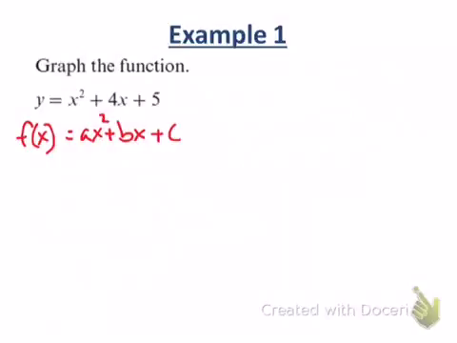What's our a value in this problem? 1. What's the b value? 4. And the c value is 5. So we have our quadratic term, our linear term, and our constant term.